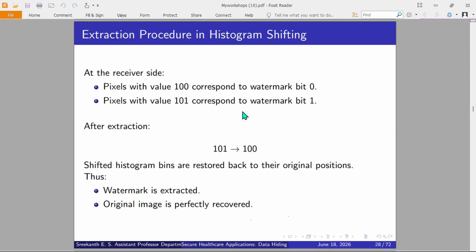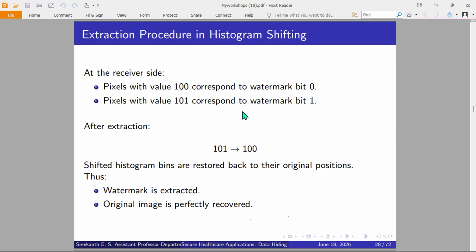Okay, and after extraction, what it will do is also important, because we have to restore the image to the previous one. So 101 will be changed to 100, because the receiver knows that 101 does not actually exist in the original image.